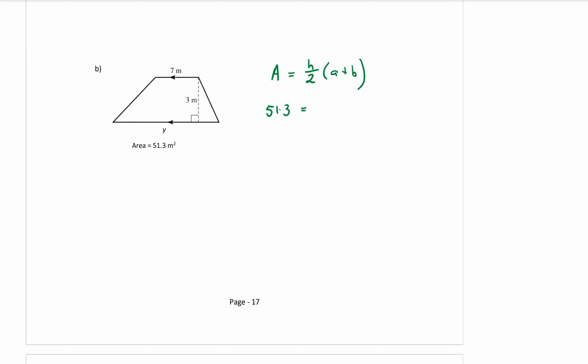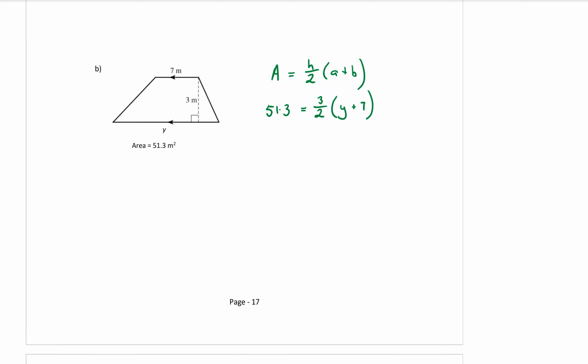Which one's the height? The 3. So 3 on the top, over 2 bracket. A and B are these two parallel ones. I'm going to put my y first because we normally like having our y's at the beginning of things. Y plus 7. This one's a little bit more complicated to rearrange.